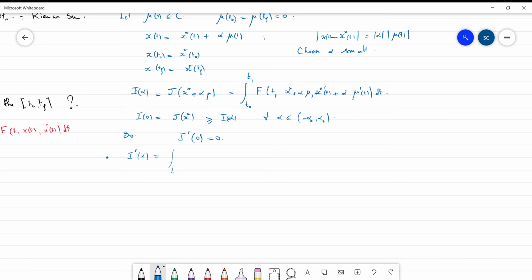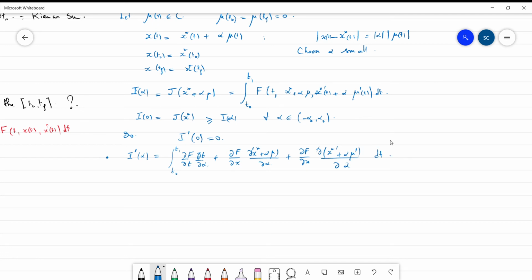We differentiate under the integral sign. By the chain rule, it's df/dt times dt/d alpha, plus df/dx times d of (x star plus alpha mu)/d alpha, plus df/du, the third variable of f, times d of (x star prime plus alpha mu prime)/d alpha, dt.